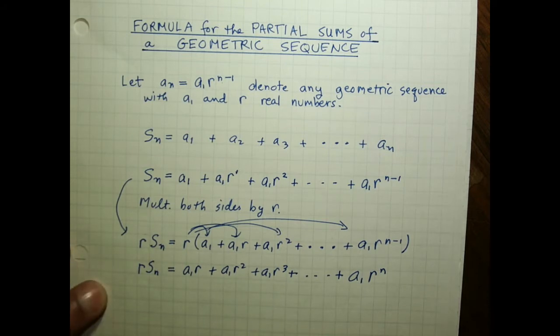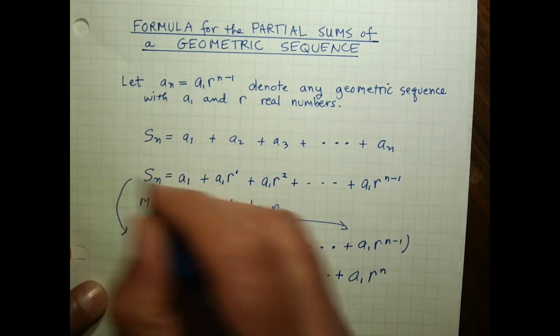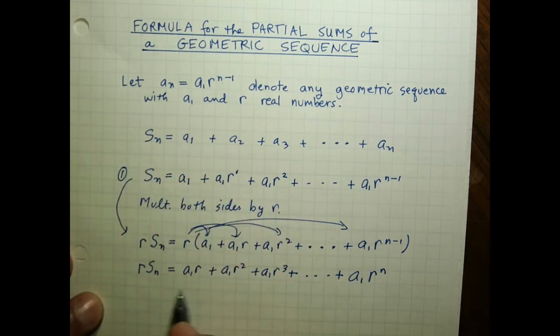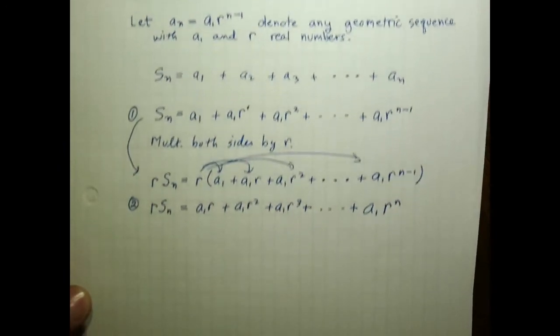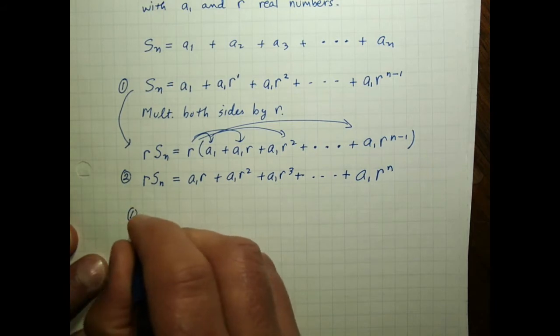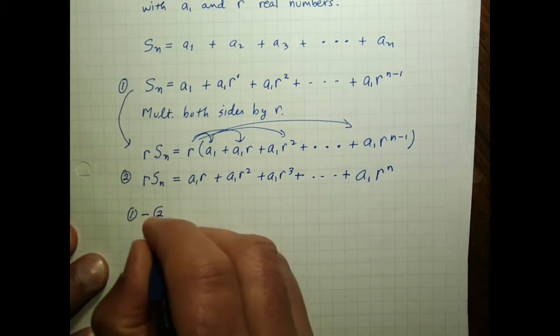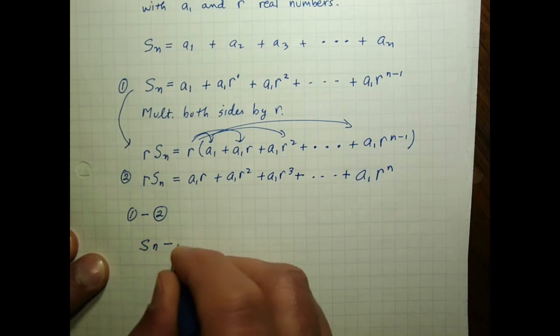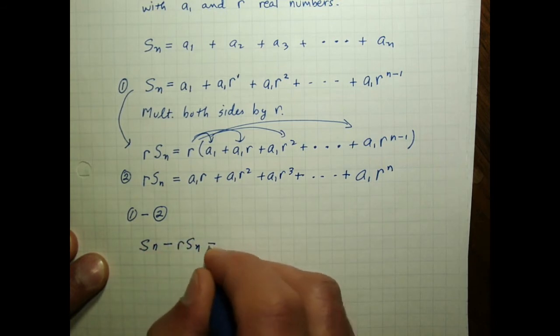Let's see if this shows up here, I'm going to call this line 1, and I'm going to call this line 2. What I want to do is take 1 minus 2. I'm going to subtract. So I'm actually going to write Sn minus r times Sn.